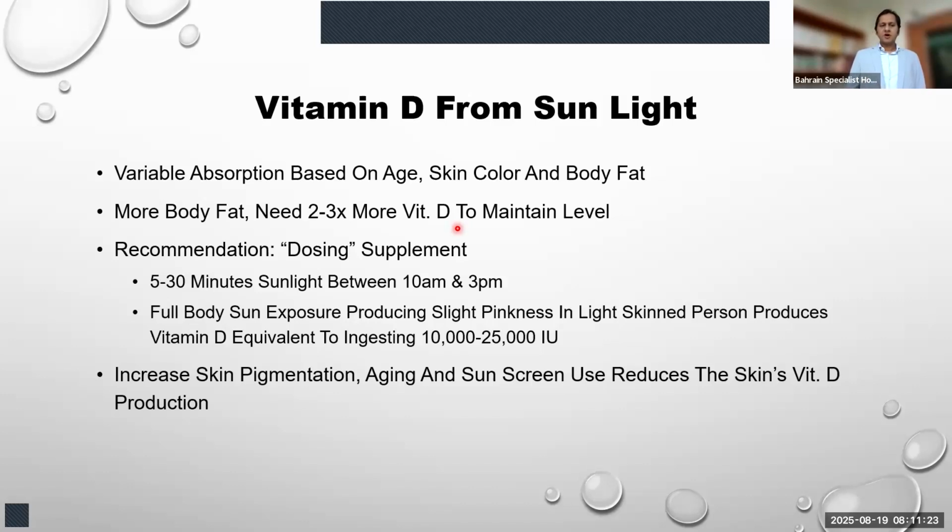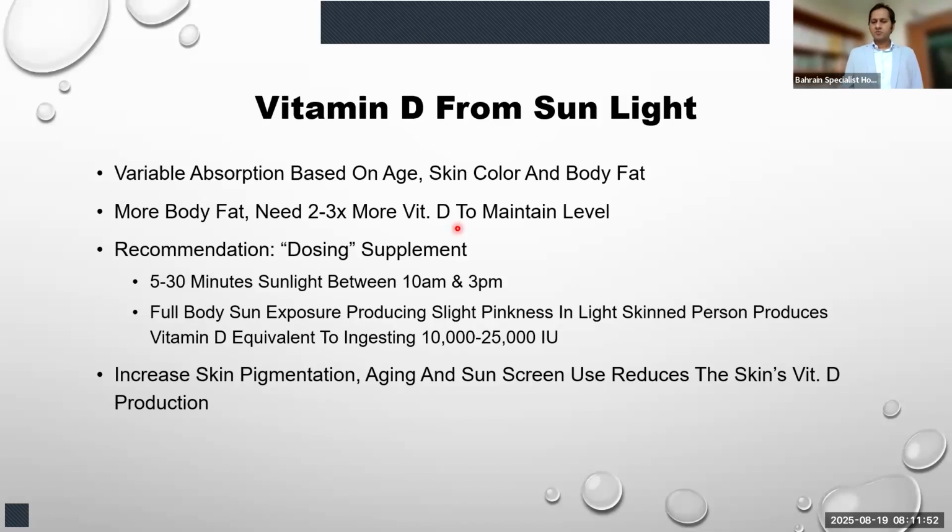The exposure should be 5 to 30 minutes of sunlight, and the maximum chance of vitamin D production is between 10 a.m. and 3 p.m. So we can guess why vitamin D is more deficient, and we can't get it from the sunlight in the Middle East area because of the extremes of the weather. For vitamin D production, there should be full body exposure to the sun, which is not possible here.